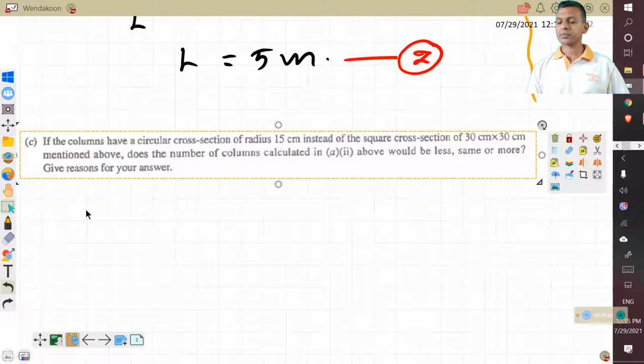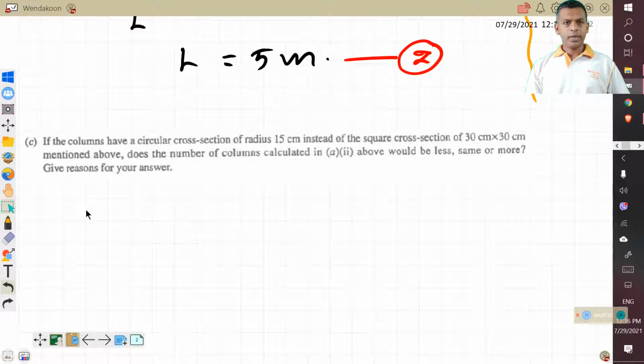Now here, in order to limit the stress to the given value 2 into 10 to the power 8, the area must be the same. Whatever the shape that a column takes, the area must be the same area as we calculated above.